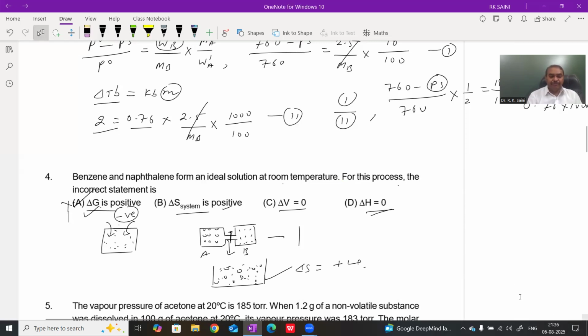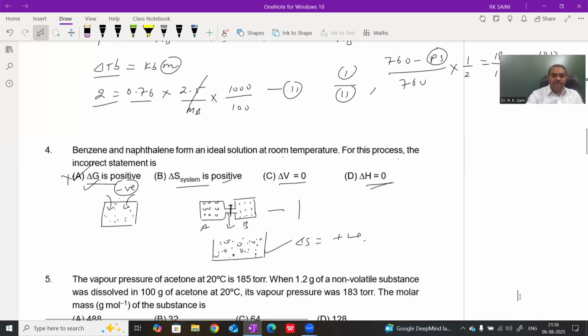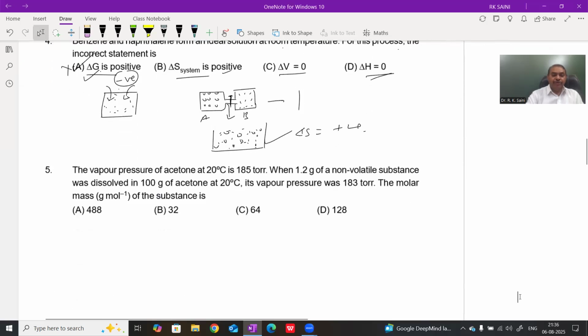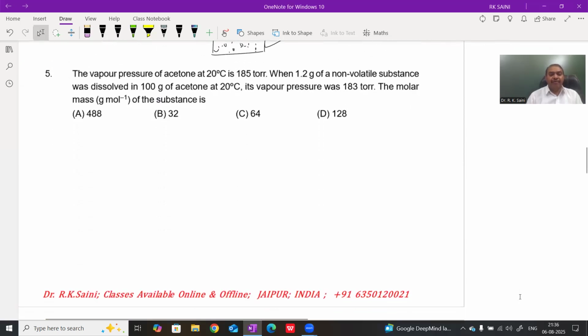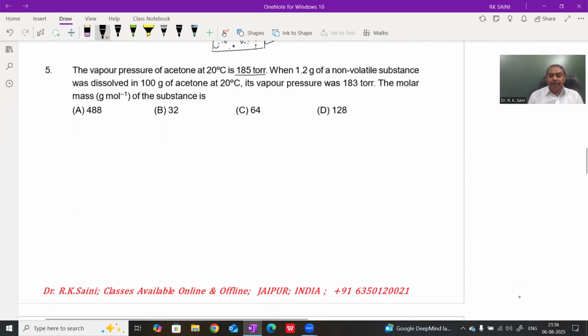Question number 5. Vapor pressure of acetone at 25 degrees centigrade is 185 torr. 1.2 gram non-volatile substance dissolved in 100 gram of acetone. Its vapor pressure is 183 torr. Find molar mass of the substance.